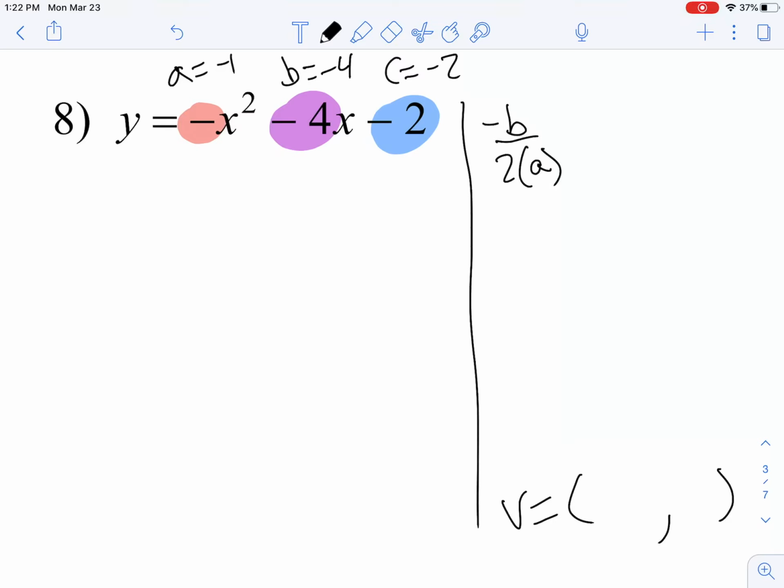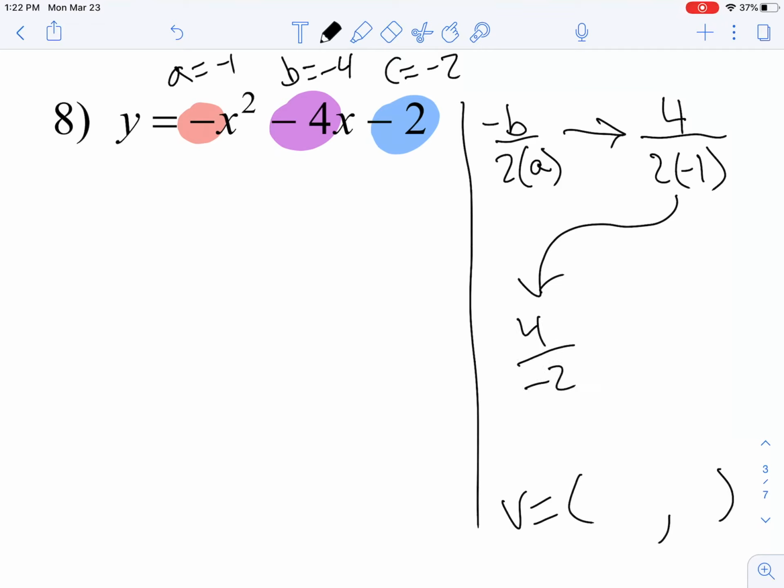So we're saying the opposite of b, the opposite of negative 4, is positive 4 over 2 times our a value, which is negative 1. So that's 4 over negative 2. And 4 divided by negative 2 is negative 2. So that's the first point in my vertex.